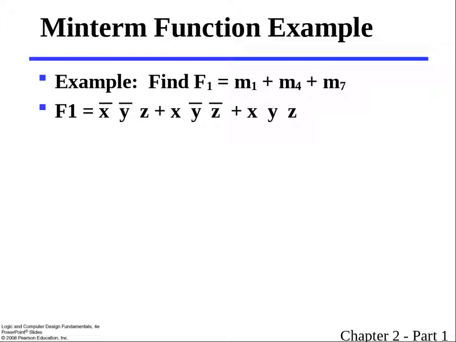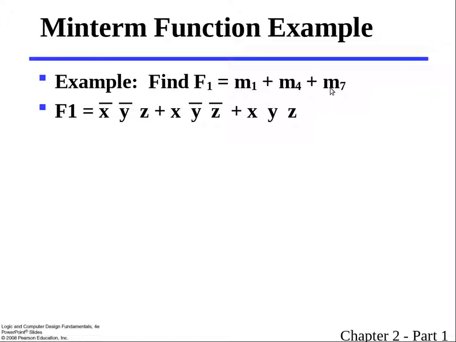Well, m sub 1, remember it's a minterm, so it's describing what's normal. There's 2 zeros in the beginning, so the x and the y are complemented, and the z is normal. And you're ORing m4, which gives you this term because it's 1, 0, 0. So x is normal, the rest are complemented. And then m7 is 1, 1, 1, so they're all normal.